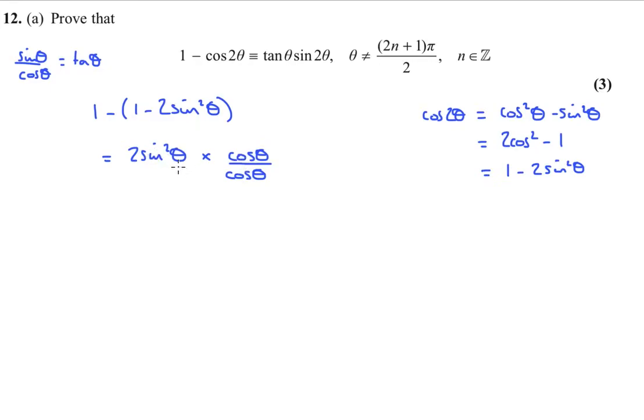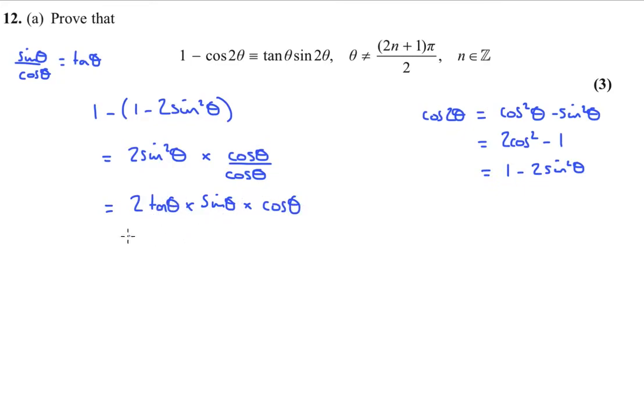So I've not changed the value of this because I'm timesing by 1. What that now allows me to do is introduce a tan theta, because I've got a sine theta divided by a cos theta. So that's going to be a tan theta. Then I've still got a sine theta left and another cos theta on the top.